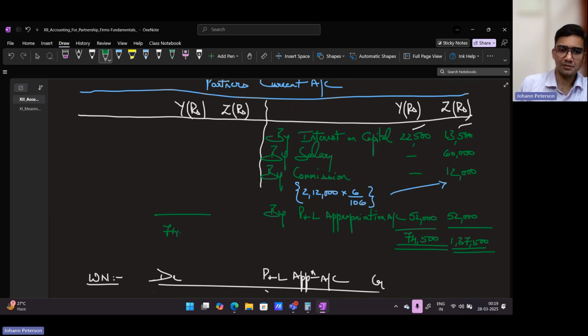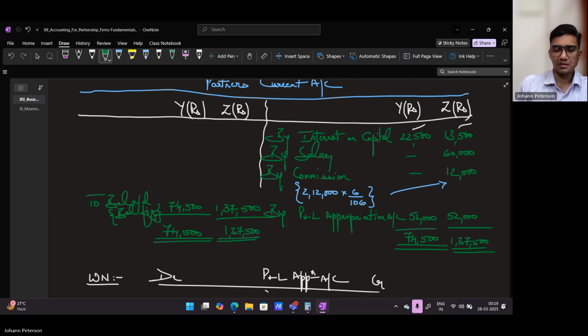So you will write 74,500 and 137,500. The same will be written on the debit side as well. So I will write to balance carried down. This is my balancing figure, the amount is 74,500. Just write the same. You have to note this down on the top as well to complete this account.